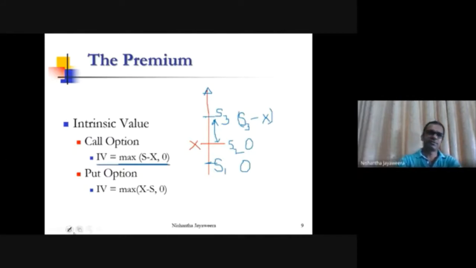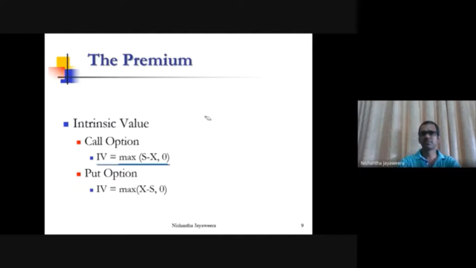Okay, what would happen to a put option then? This is the strike. This is spot price 1, spot price 2, spot price 3.